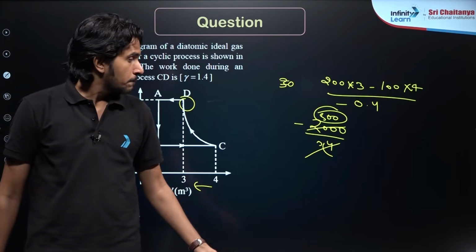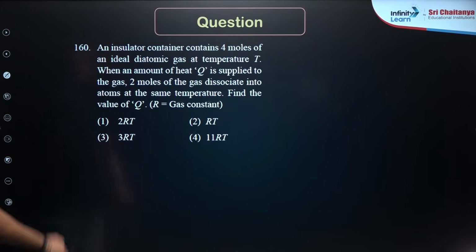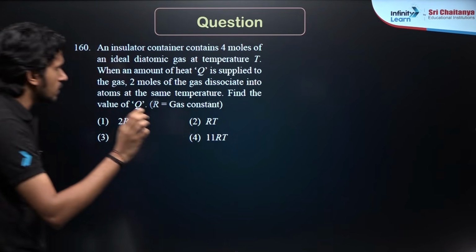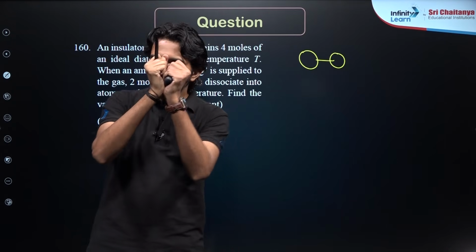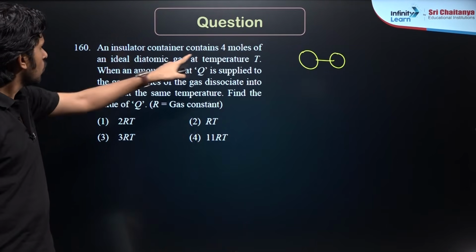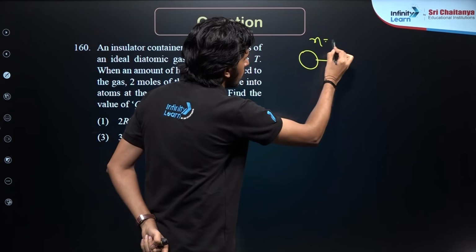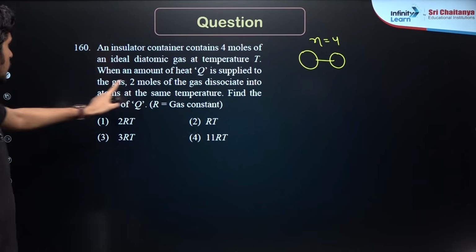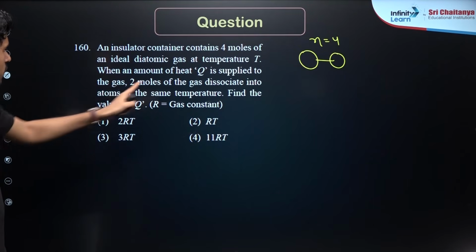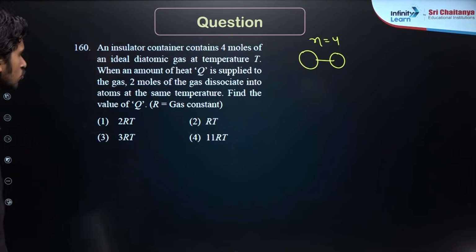Yes guys, then we have the next problem. In this problem we have an insulated container containing 4 moles of an ideal diatomic gas at temperature T. Basically in a diatomic gas we have two atoms together. When an amount of heat Q is supplied to the gas, 2 moles of the gas dissociate into atoms at the same temperature.